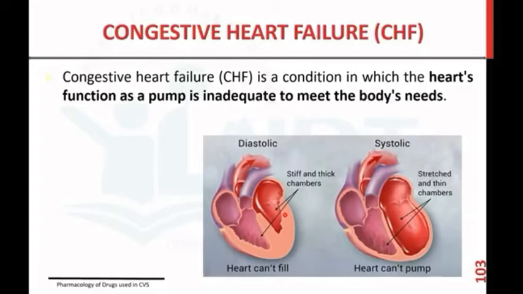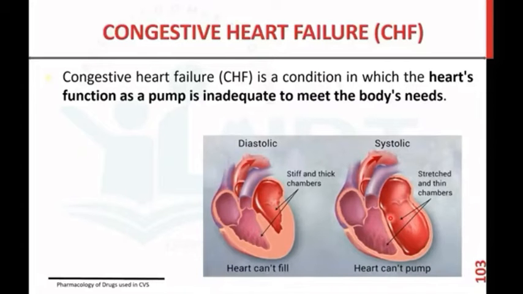Next we see the drugs of chronic heart failure. The first one is cardiac glycosides. In cardiac glycosides we see the sources and glycosides. The first glycoside is digitoxin, and the source of digitoxin is Digitalis purpurea, leaf. The second one is digoxin, from Digitalis lanata, leaf.